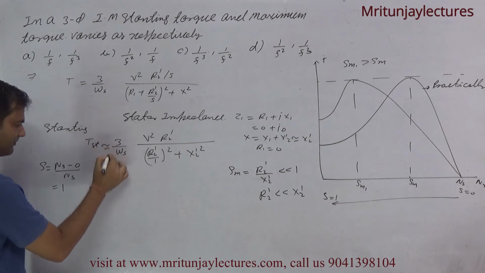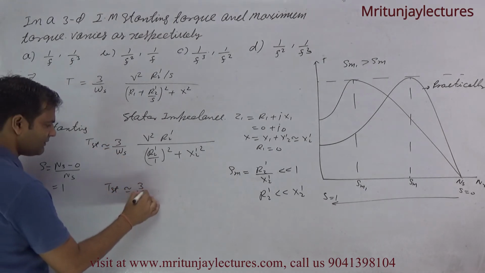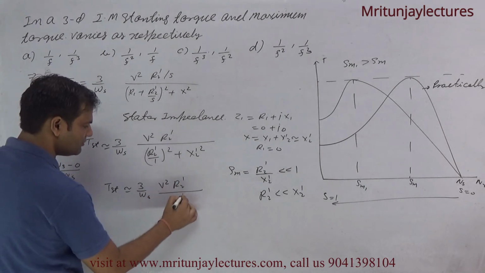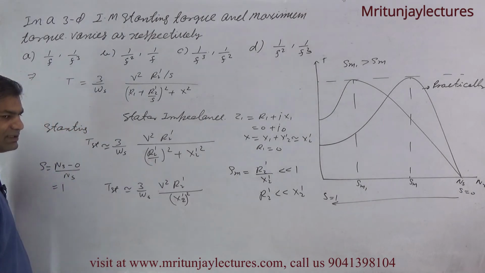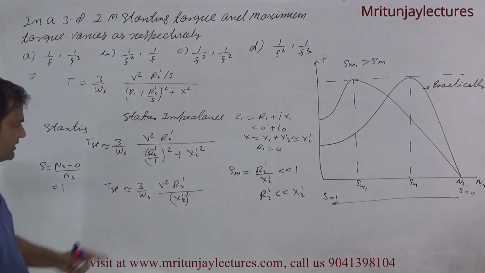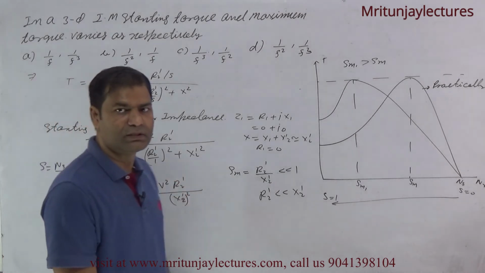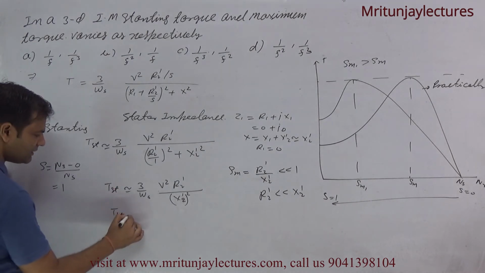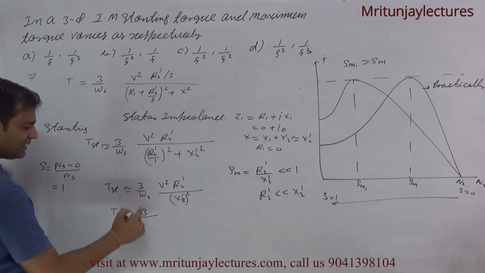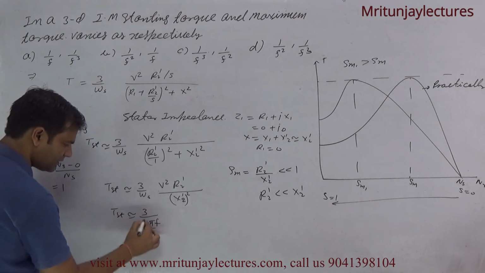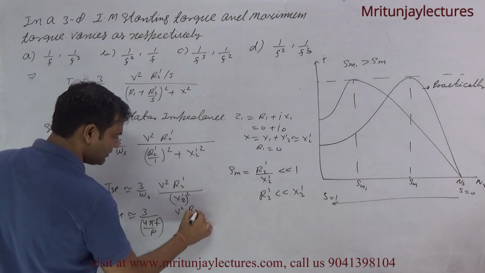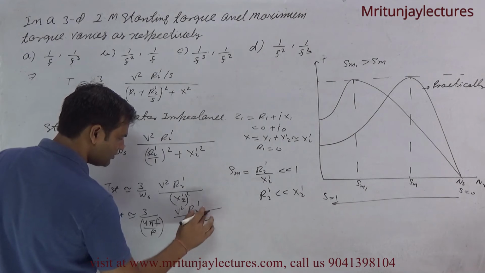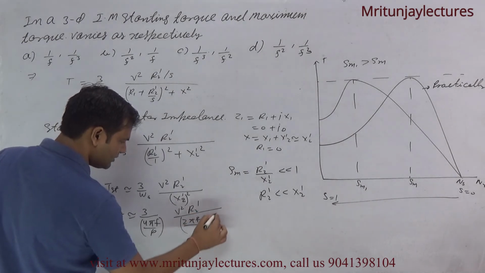So starting torque is 3 divided by omega s into V square divided by R2 dash square plus X2 dash whole square, where R2 dash is neglected as compared to X2 dash. Omega s is equal to 4 pi f by p, and V square into R2 dash divided by f into L2 by k, whole square.